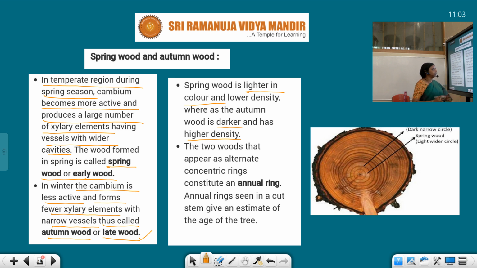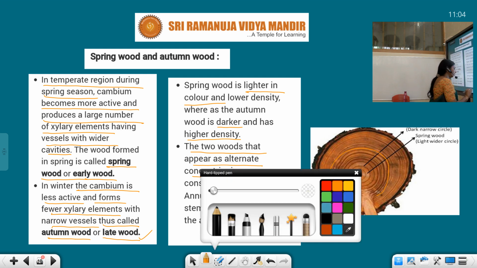The two woods that appear as alternate concentric rings constitute an annual ring. So every year, two times in a tree, wood is forming. The total of these two rings is known as an annual ring, and they are present in a concentric ring-like manner.